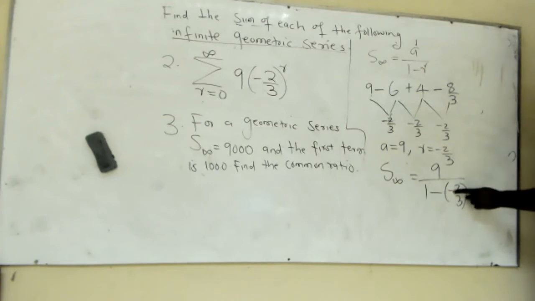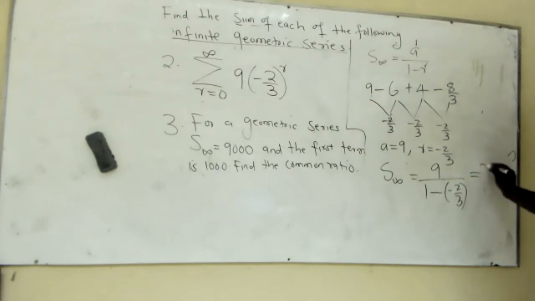So I'm protecting myself against the negative, because it may lead us to get the wrong answer. So just put the brackets to make sure that you remember that this negative must multiply with that other negative. So this you can then put into your calculator. What do you get when you substitute this into your calculator?